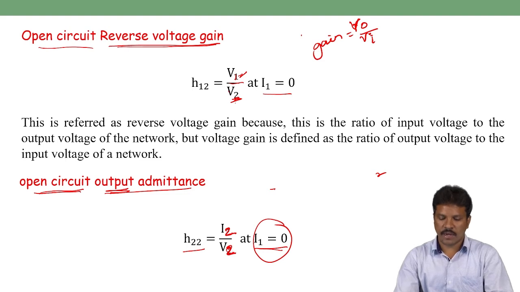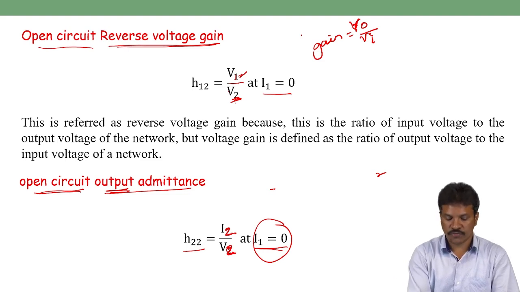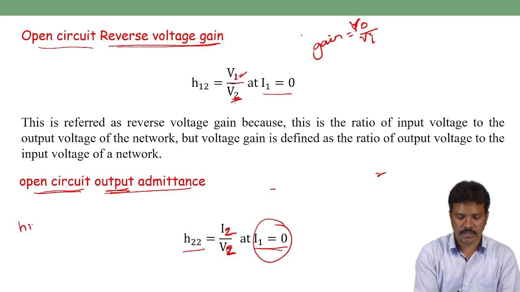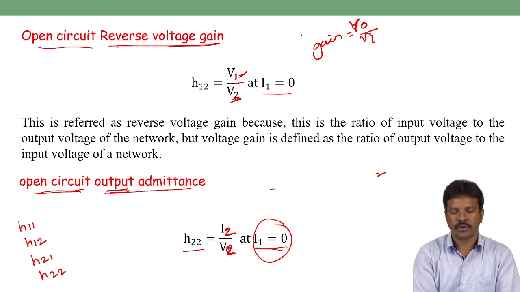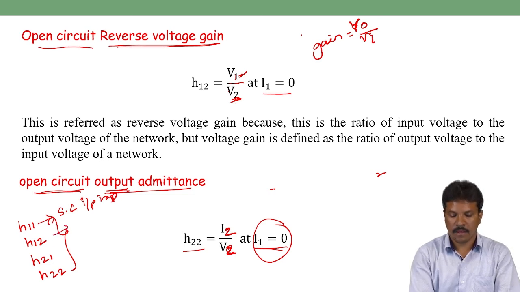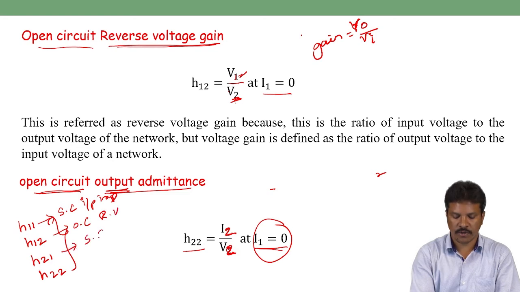So these four parameters, H11, H12, H21, H22: short circuit input impedance, open circuit reverse voltage gain, short circuit current gain, open circuit output admittance.